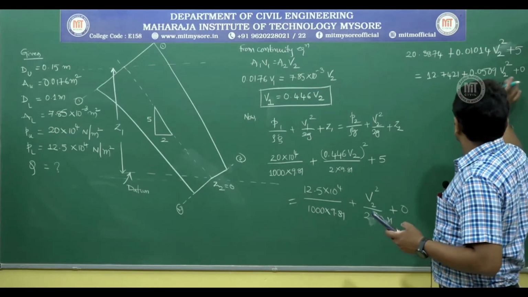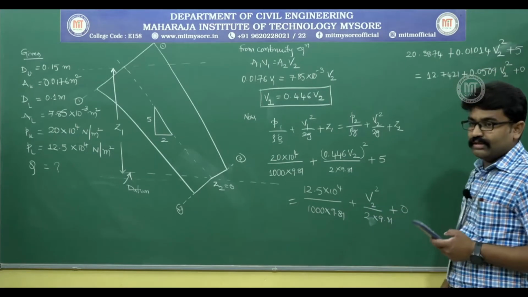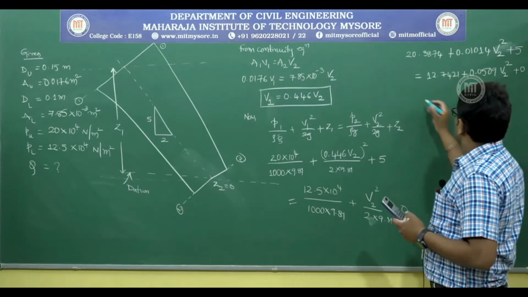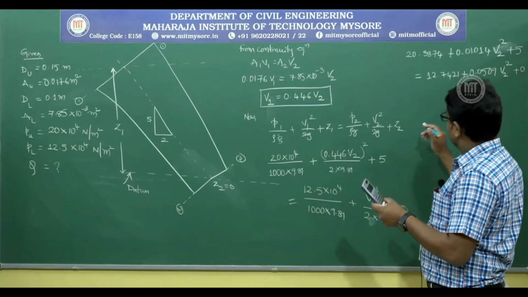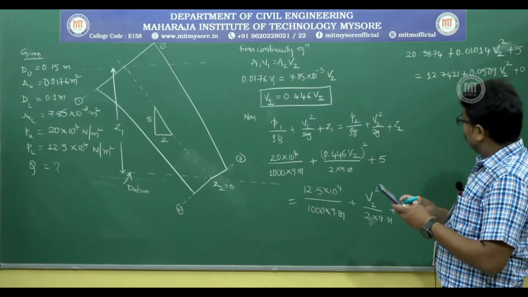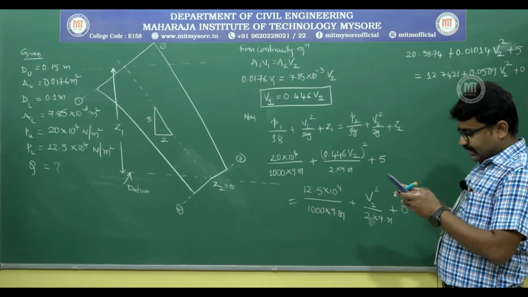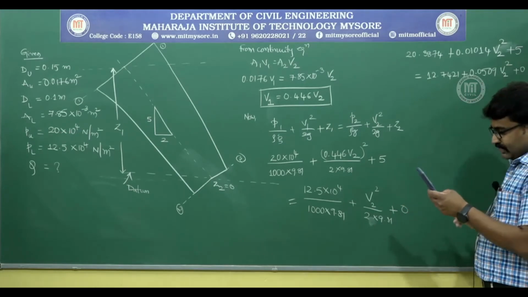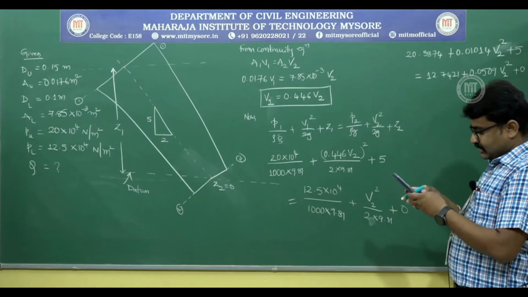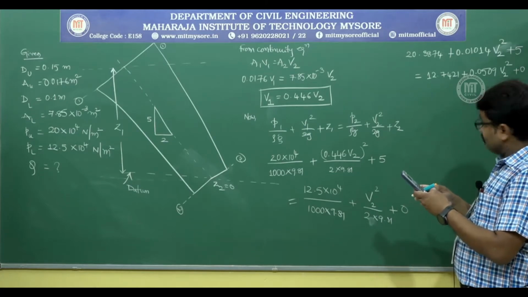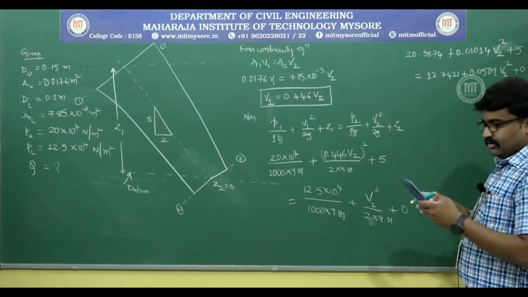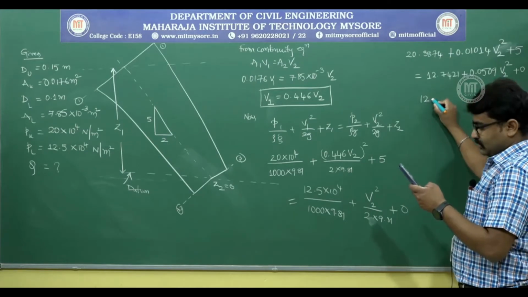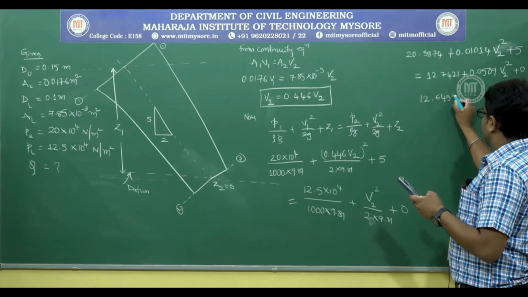From the entire equation, you can keep V2 square to one side, rest of the things to the other side. So, what I can do is 20.3874 plus 5 minus 12.7421. This must be equal to 12.6453.